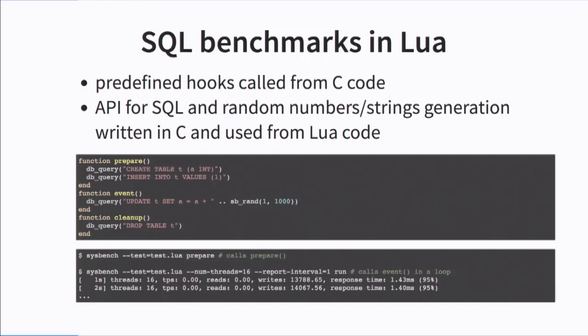The most important and the only mandatory hook that Sysbench expects you to implement in your script is called event. It basically defines your workload. When you call Sysbench with the run command, it creates the specified number of threads, with each thread calling the event hook in a loop.